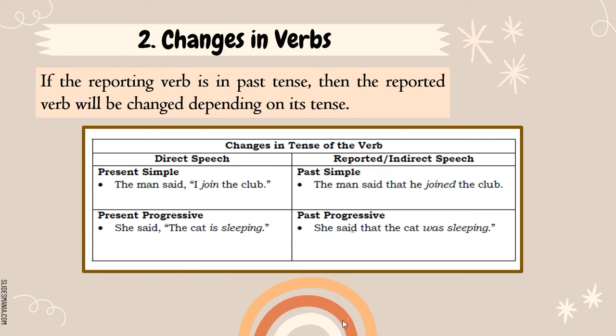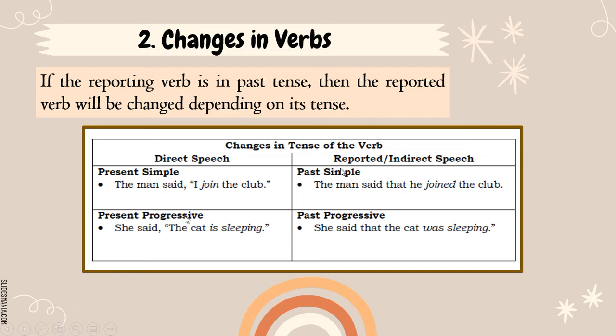If your direct speech is in present progressive, then you shall change it into a reported or indirect speech using the past progressive form, past progressive tense of the verb. That's why it becomes was sleeping. Okay?